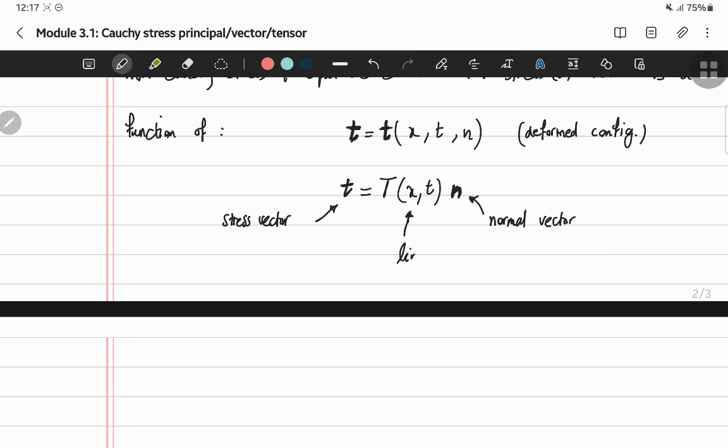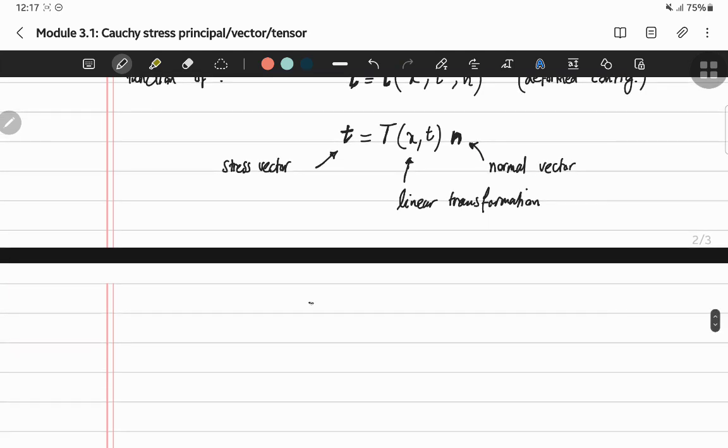This is a linear transformation, which we will prove in the following. But suppose here that you have a transformation that transforms this normal vector to the stress vector.